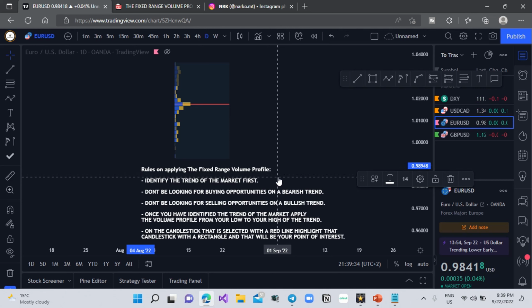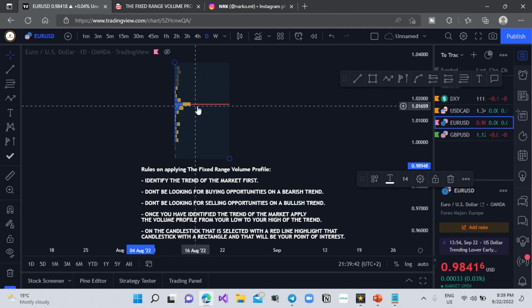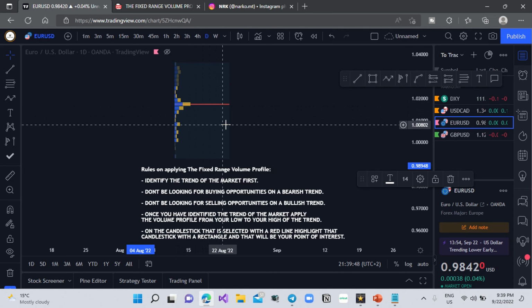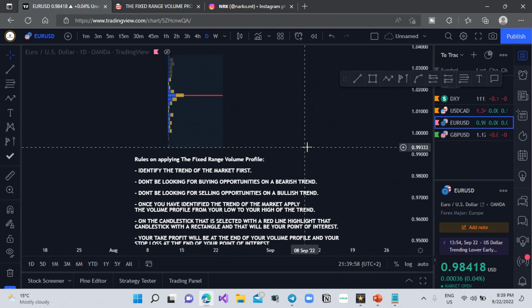On the candlestick that is selected with the red line here, that will be the point of control, meaning that's where price has the most volume. Now highlight that candlestick with a rectangle, and that will now be our point of interest. I'll do a few examples later in the video.